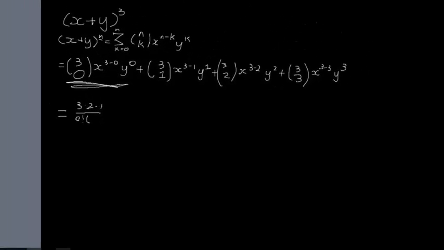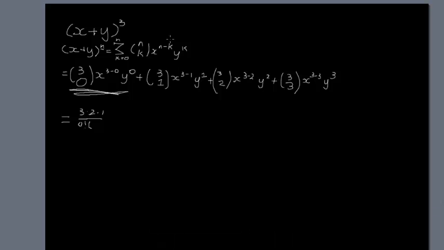Sorry, I got a little confused there. n choose k is basically n factorial over k factorial times n minus k factorial.